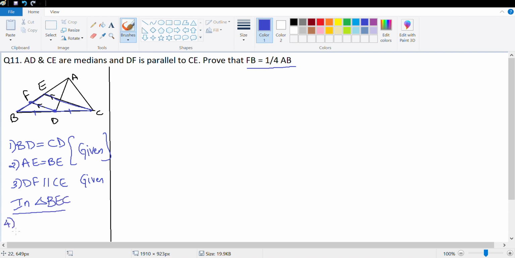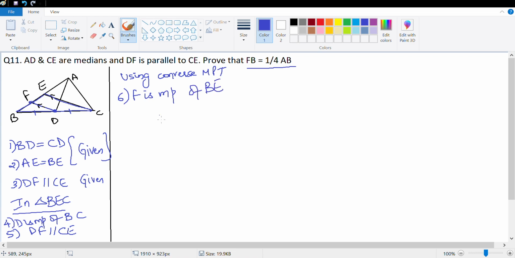Number 4, D is the midpoint of BC, and number 5, DF is parallel to CE. This is given. So using the converse midpoint theorem, I get number 6, F is the midpoint of BE, which means BF is equal to FE, and number 7, FD is equal to half of EC.